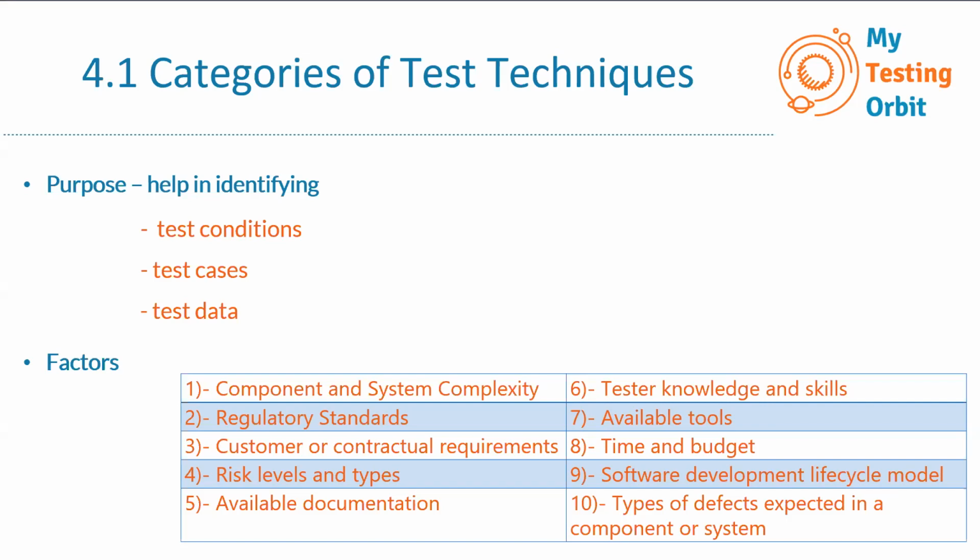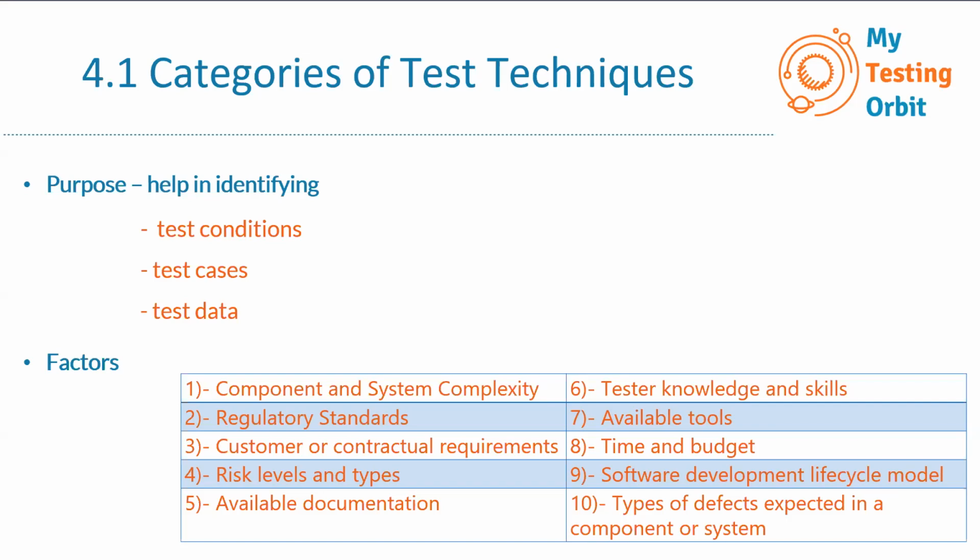There might be certain requirements in the contract which demand the use of a specific test technique. Number 4, risk levels and types. When we identify and evaluate the risk of a project, based on that, we can choose which test technique applies to that project in a better way.